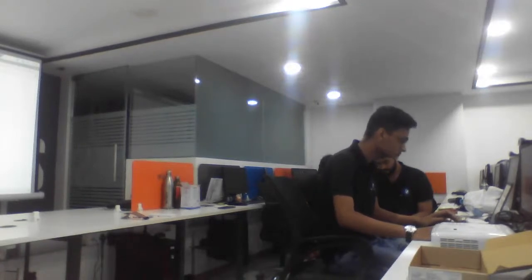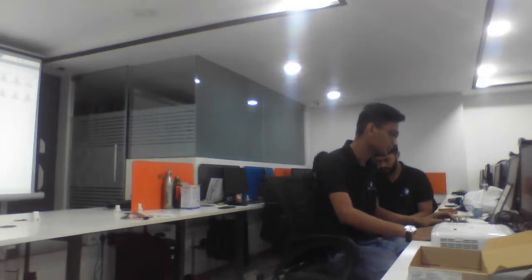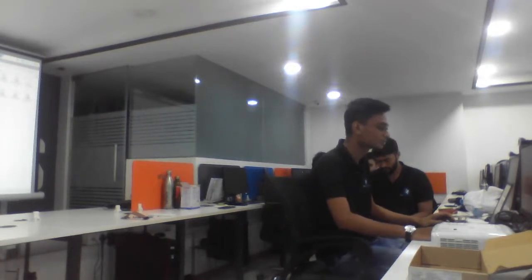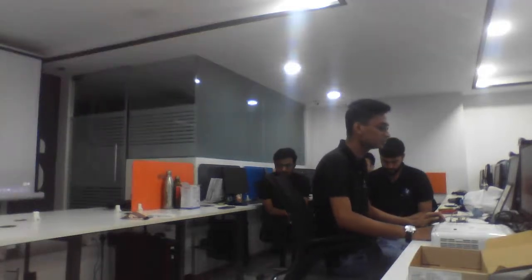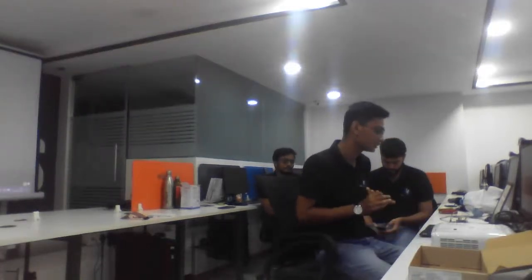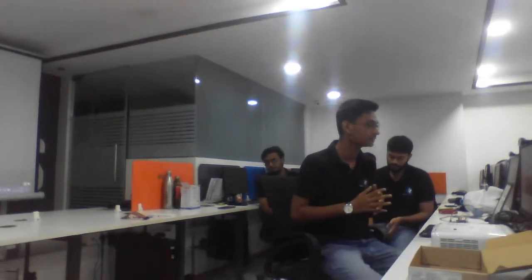So here is the boot section of our Raspberry Pi. So we will paste those two files in this folder. So what this will do is it will just connect the Raspberry Pi to our network by itself.